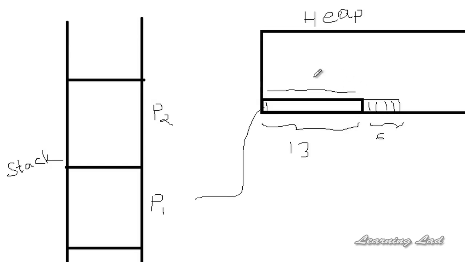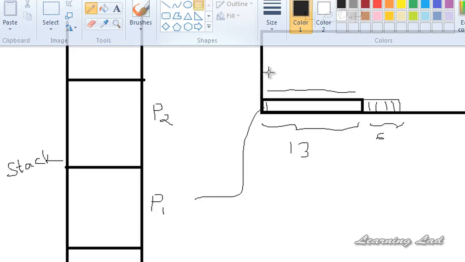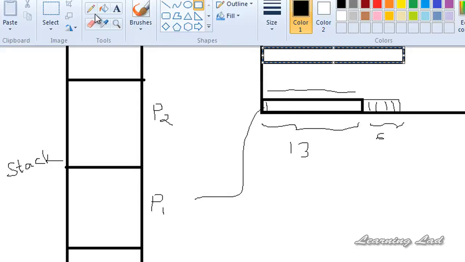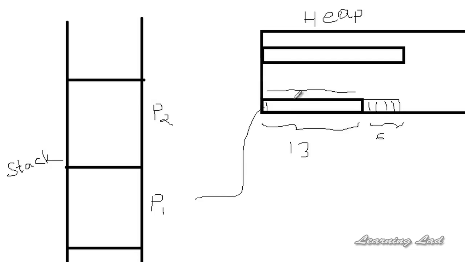At that time, what the realloc function is going to do is allocate an entirely new block of memory of 19 bytes, and copy all the contents present in this previous block, which is learning lad, to this newly allocated memory.